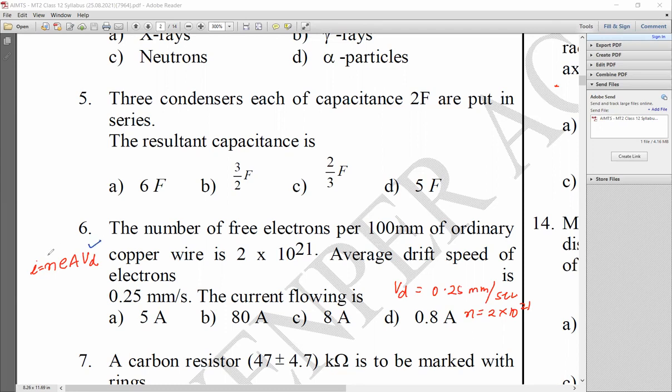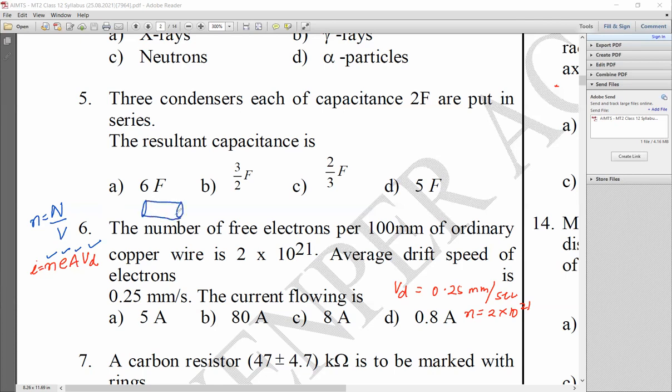N is number of free electrons per unit volume. E is charge of electron. A is area. Now here area is not given. So it is an indirect question.